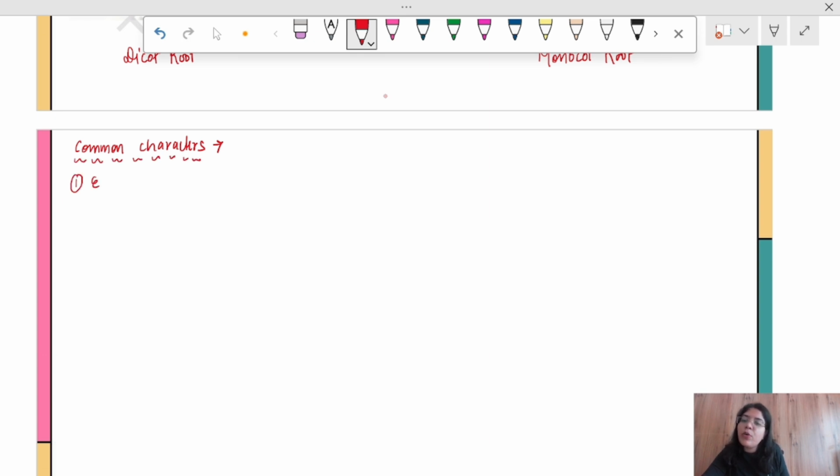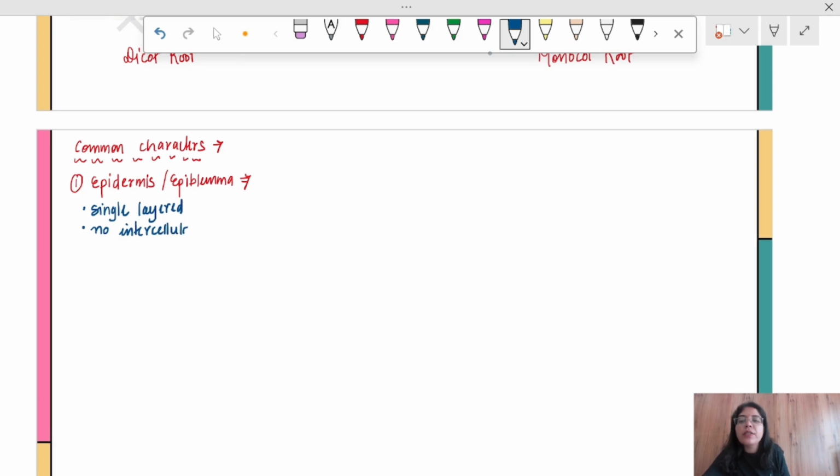First I will be writing about epidermis or epiblema. If I talk about this layer, this is single layer, with no intercellular spaces.